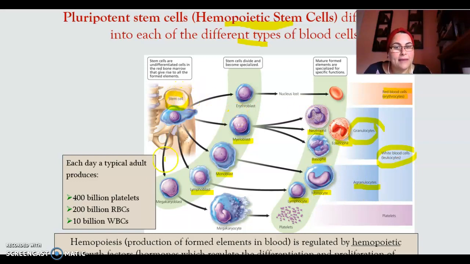Lastly, from stem cell, we'll have megakaryoblast. Mega means large cells with a large nucleus, which will become more specialized, forming megakaryocyte. And this megakaryocyte will be broken down into small fragments called platelets. These are the mature platelets, which are parts of cells and not full cells.